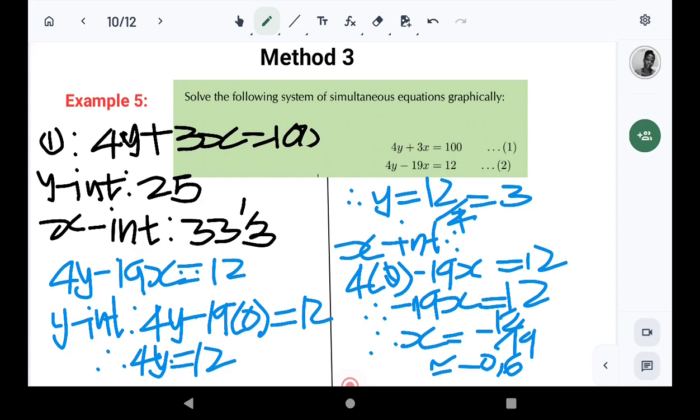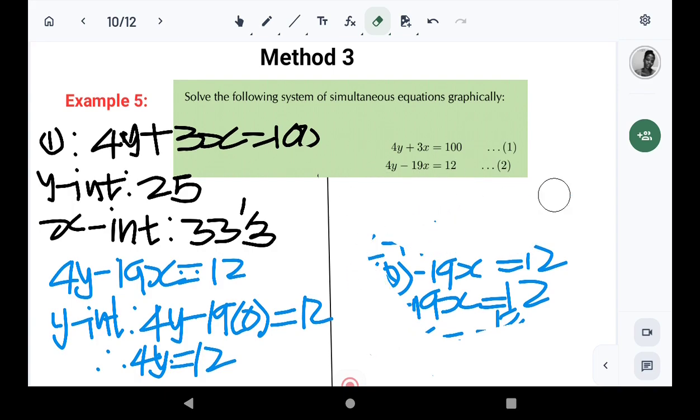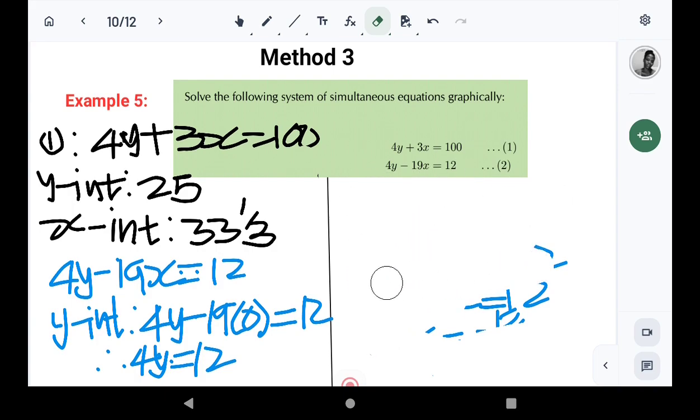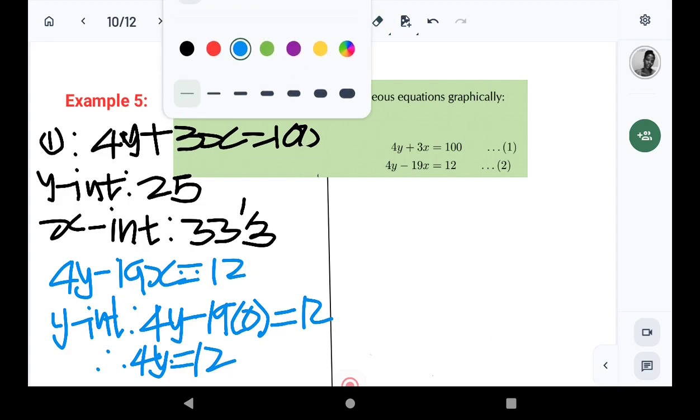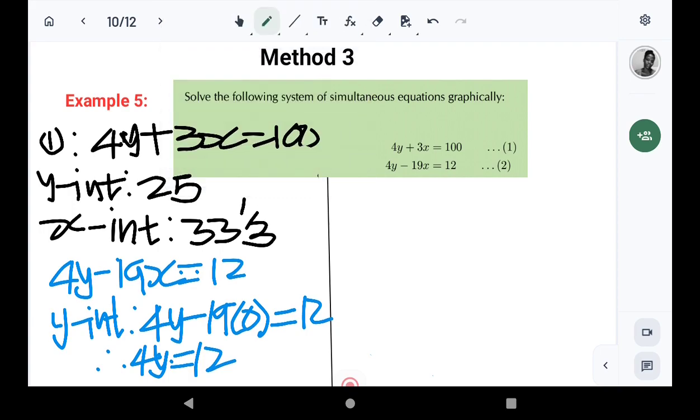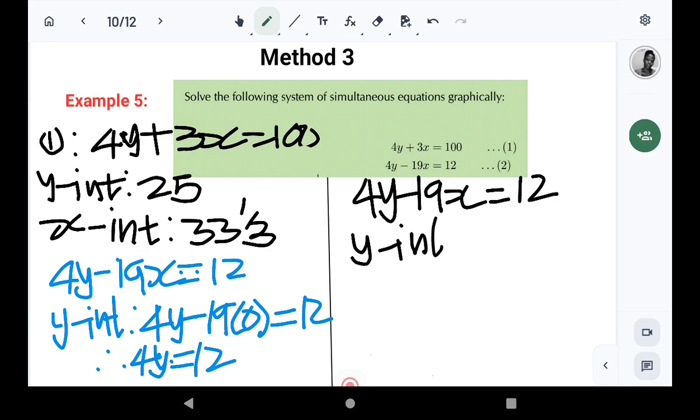So for the second one, let's write the information: 3 and negative 0.6. For the second one, 4y minus 19x equals 12, the y-intercept is 3.